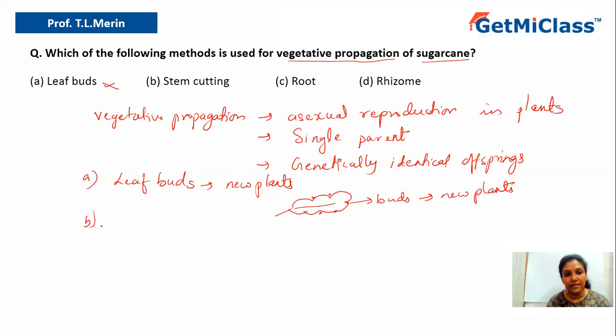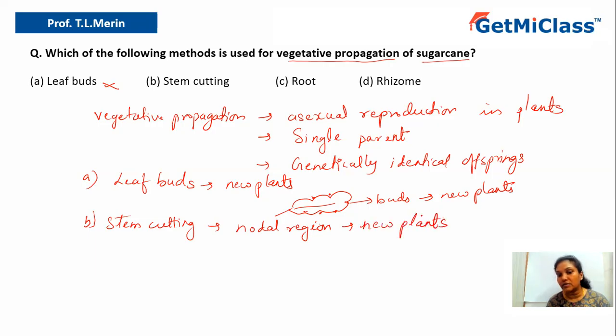Option B is stem cutting. As I said, sugarcane itself is a stem plant. The nodal region of the stem consists of tiny buds. In the nodal region, you can see small node-like or bud-like structures. These will give rise to new plants.